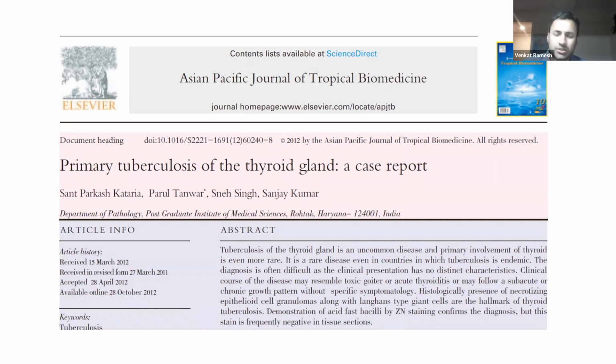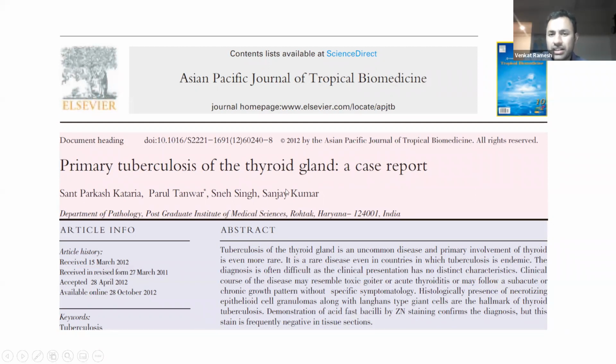So the question is, is it something like De Quervain's thyroiditis or is it tuberculosis? And generally, as far as I could gather, in De Quervain's thyroiditis or subacute thyroiditis the uptake is low, whereas in tuberculosis it would be high.